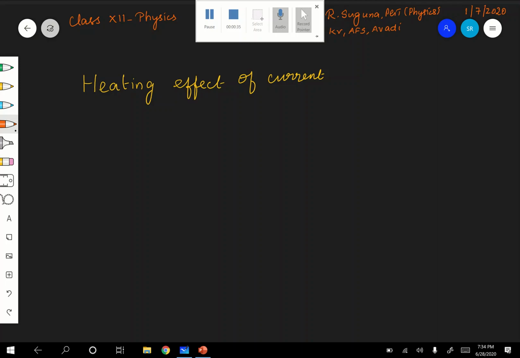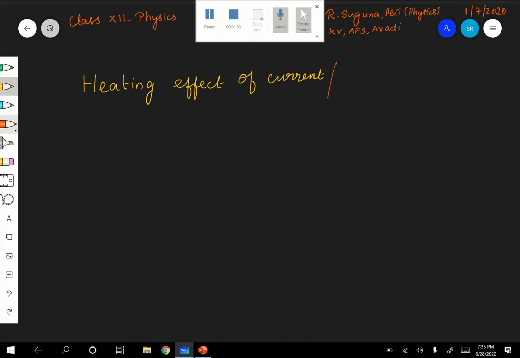This effect is what is called heating effect of current. Whenever you pass a current through a conductor, it becomes hot after some time. This effect is called heating effect of current, or it is also called Joule's heating effect.